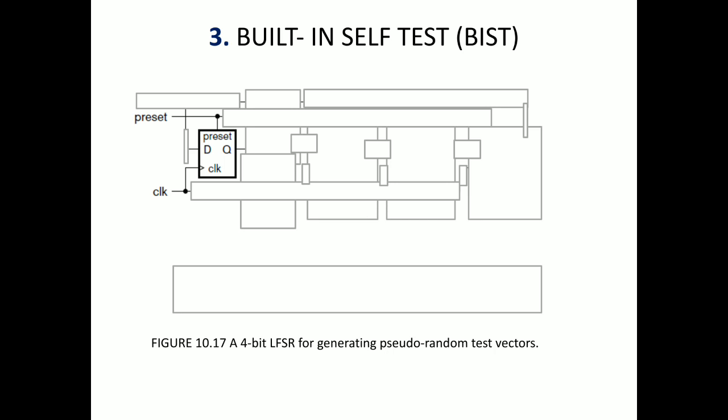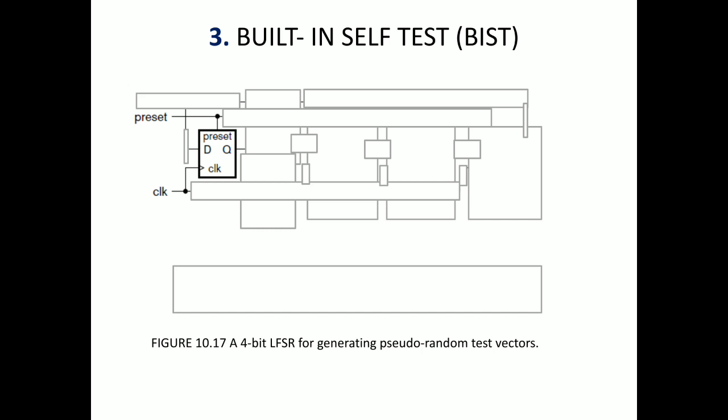So we set up a 4-bit LFSR, and we require 4 flip-flops. All the flip-flops will work synchronously, meaning the clock is common, and all the flip-flops will also have a common preset. With preset we are setting some initialization value, because this is a generator. LFSR is a pseudo random sequence generator.